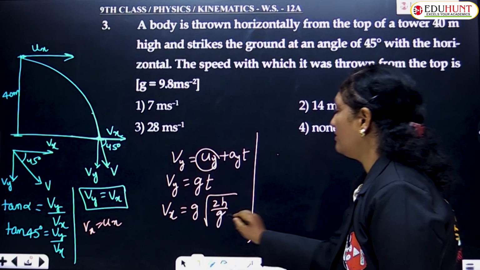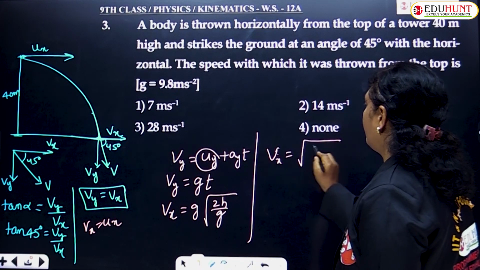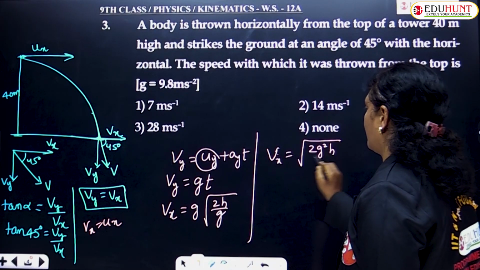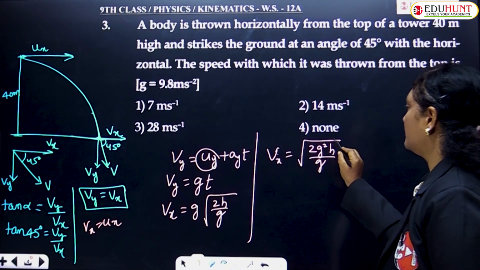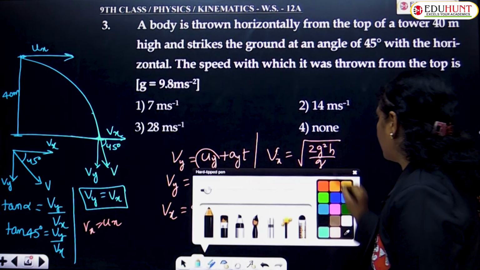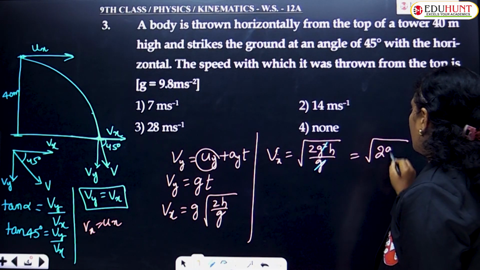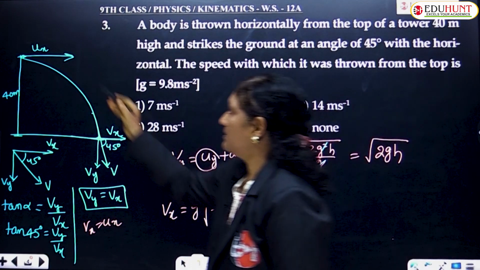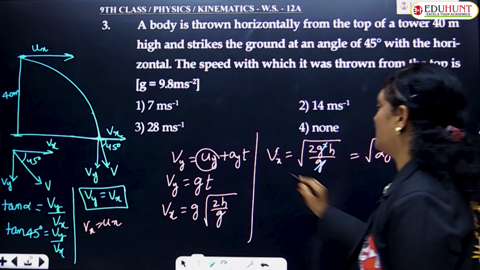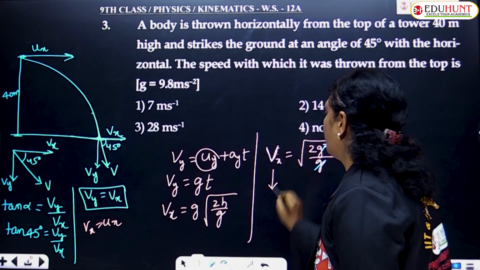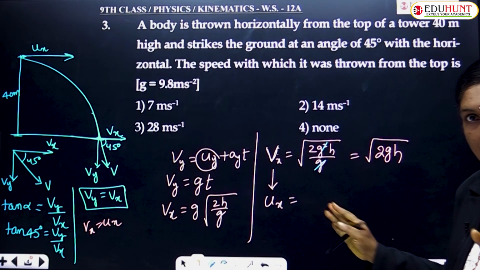Taking g inside, we get Vx equals root of 2g squared h by g, this g squared and the other g cancel, so you are left with root over 2gh. So Vx is nothing but Ux, which is root over 2gh, because the horizontal velocity always remains constant.